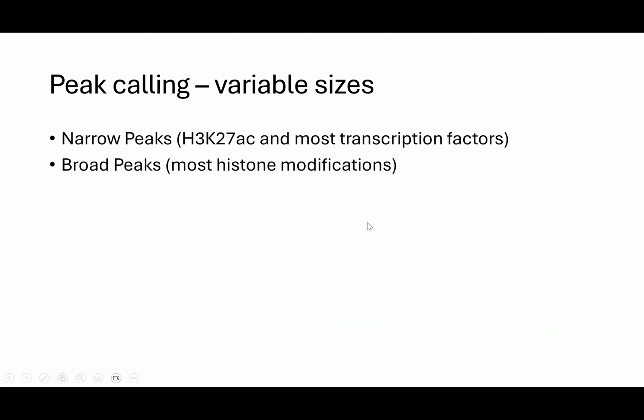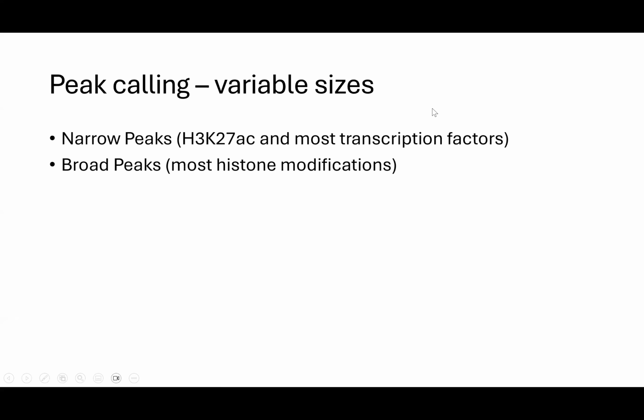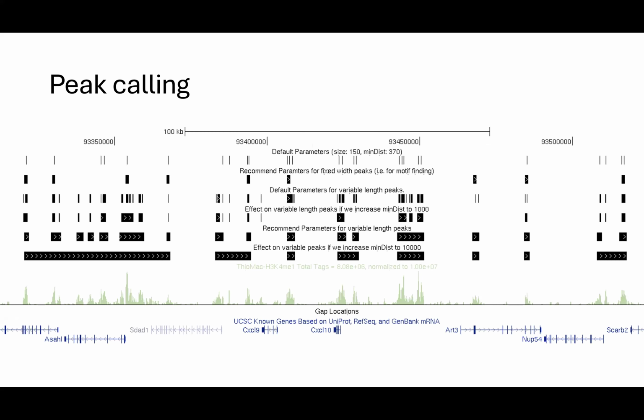Generally, H3K27 acetyl and most transcription factors have quite narrow peaks, which is a very defined region. Most other histone modifications have relatively broad peaks, so they're spread over more of the genome and not really binding to one specific place. Here's an example with HOMER where if you change the parameters, you get very different results, even though on the bottom you have the same actual data going into it.